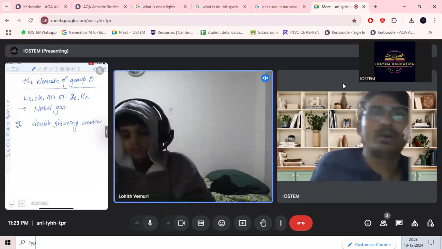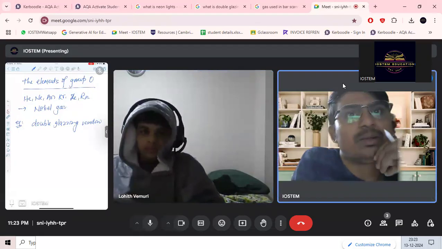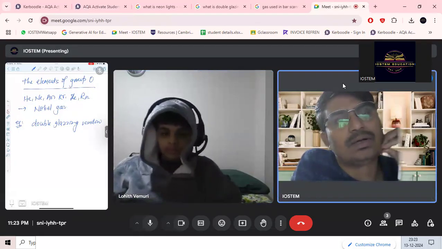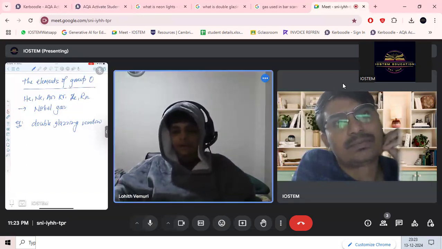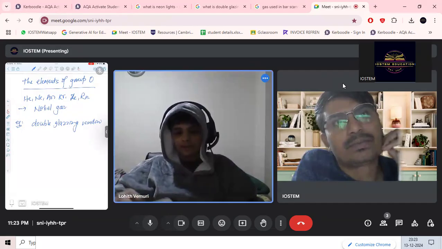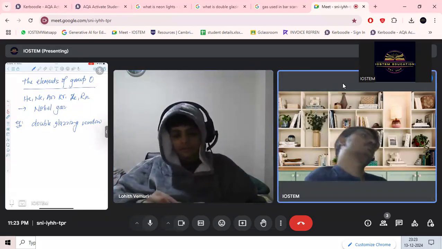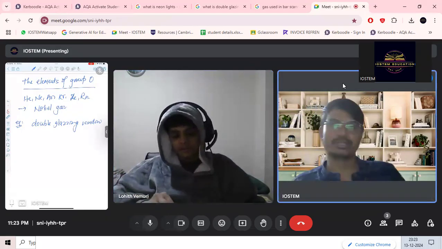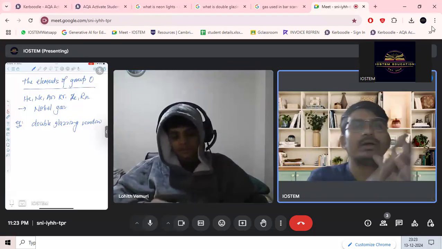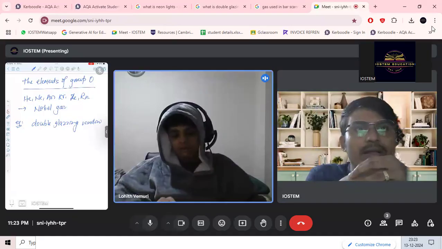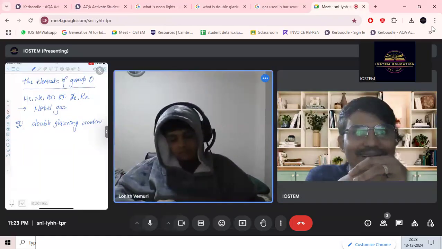What is the double glazing window? Can you please tell me the construction of that window? How do people make this kind of window?